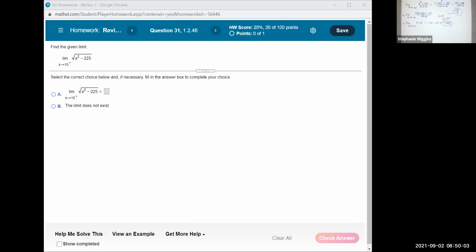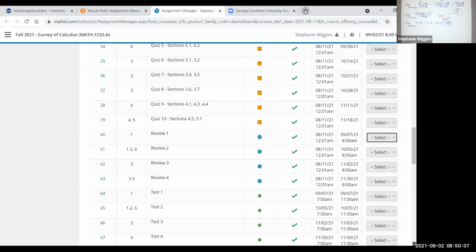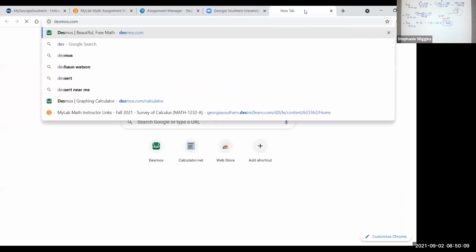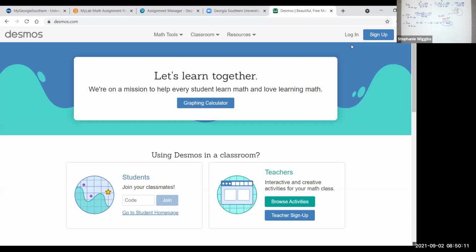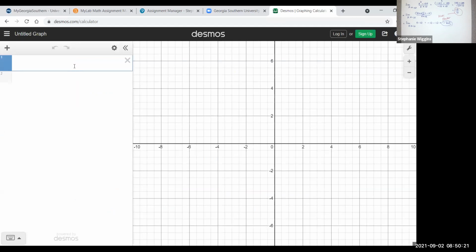Hold on. You're not allowed to use Desmos, but you can use the graphing calculator. But I wouldn't put one like this on the test anyway, but you can use the graphing calculator.